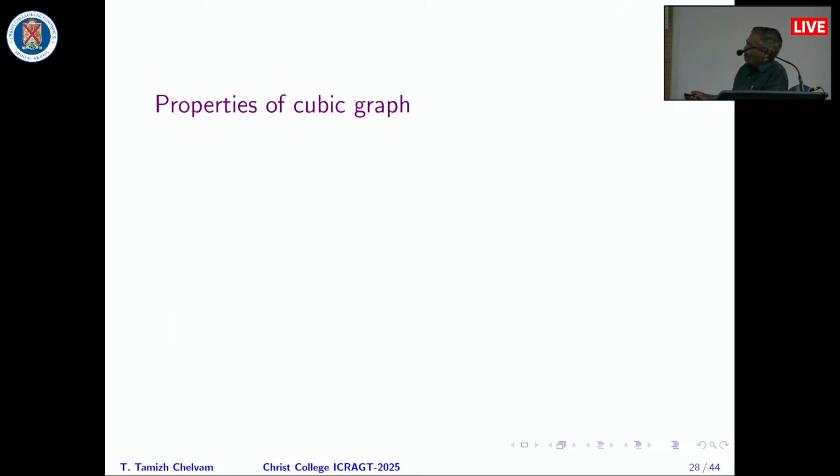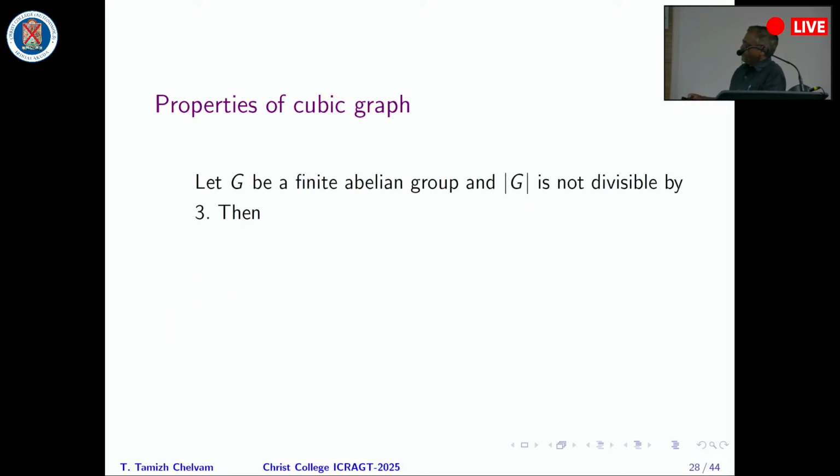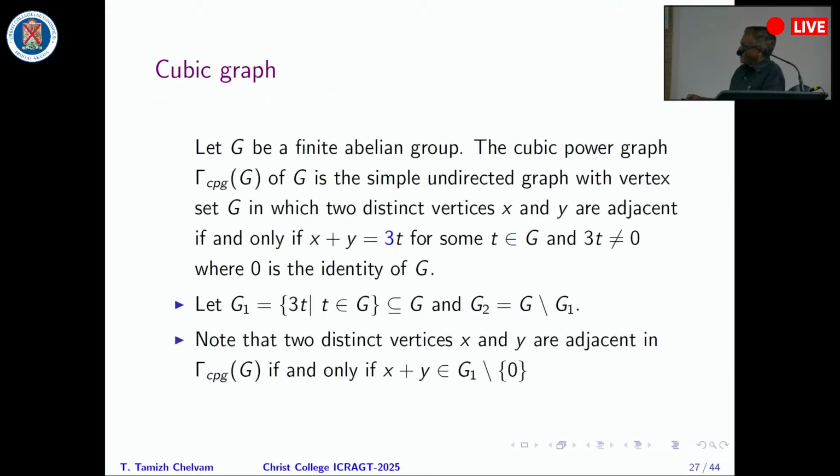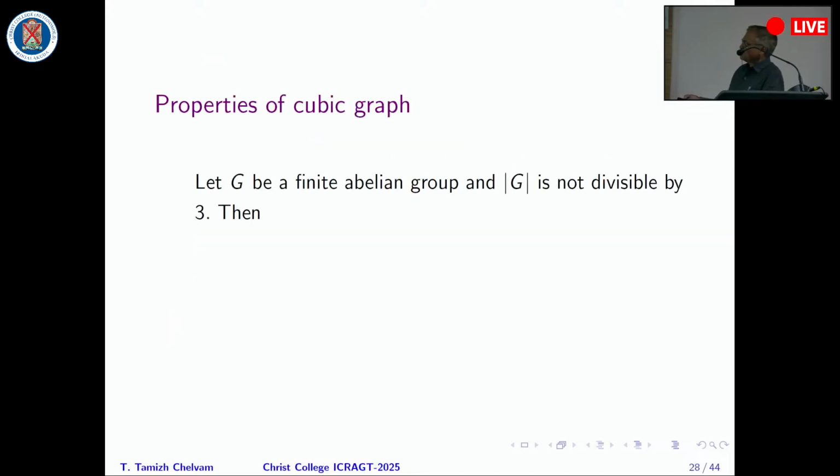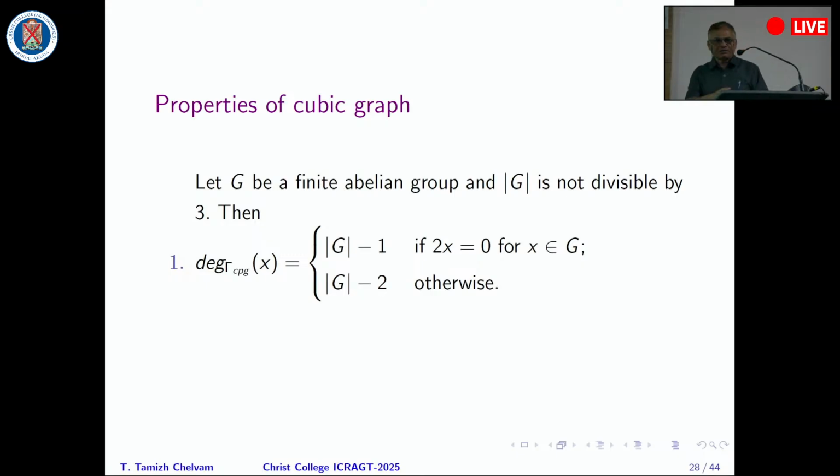Cubic graph means, for the sake of recall, the same vertex set, only difference is x plus y is equal to 3t for some t in G. Similarly, I am taking G1, G2, the same scenario, almost the proof technique is very similar, nothing is very difficult.